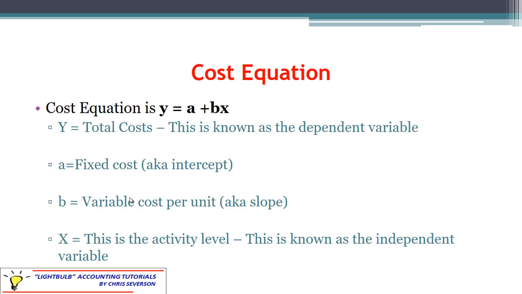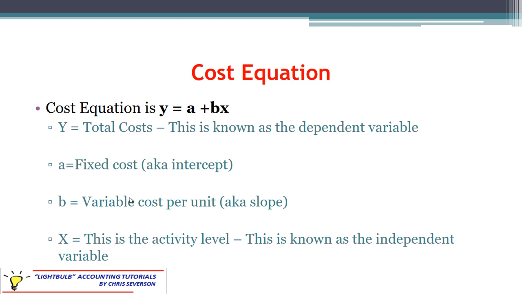So let's break that equation down. Y equals our total cost. This is what we're trying to figure out based on the activity level and the various rates. This Y is known as the dependent variable because it depends on what the other variables are. We can't calculate Y by itself without knowing the other variables. A is known as the fixed cost or the intercept.